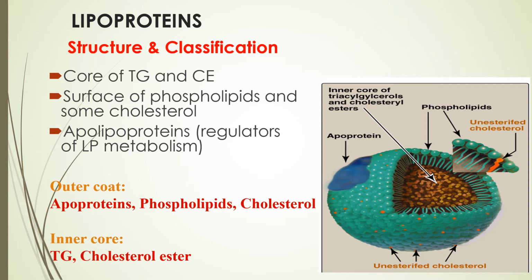And a shell that mainly contains phospholipids and some cholesterol, which are polar and confer some hydrophilicity. Embedded in this shell are protein molecules known as apolipoproteins, and they serve as regulators of lipoprotein metabolism.